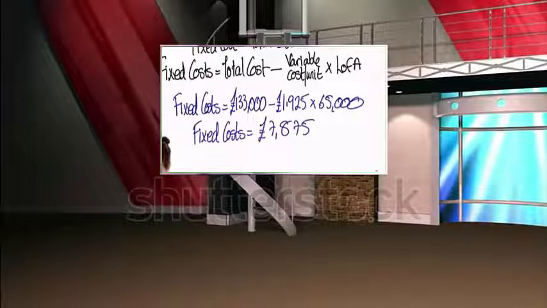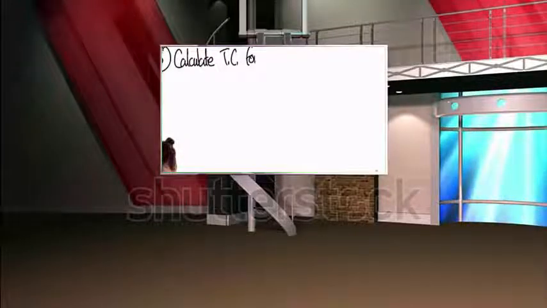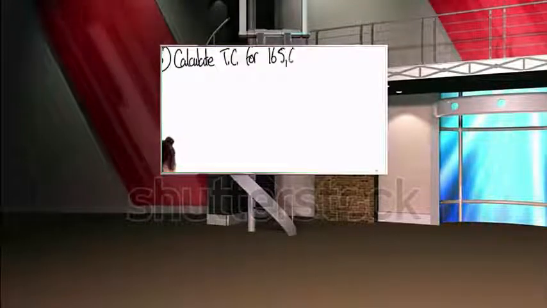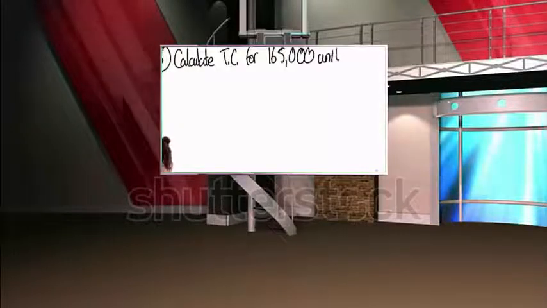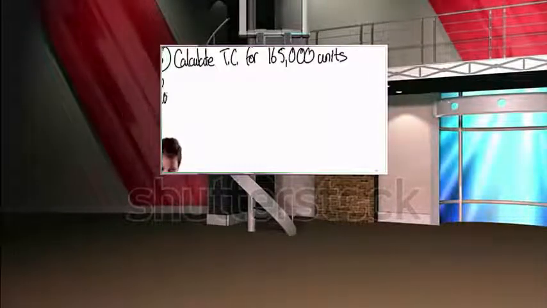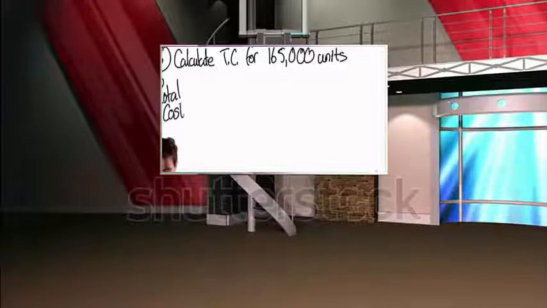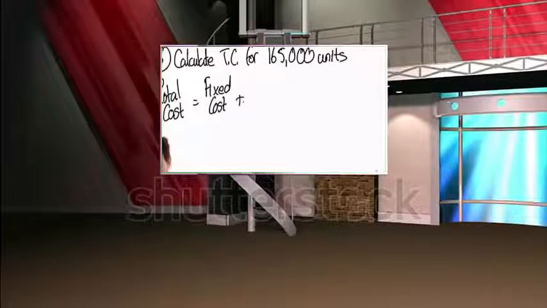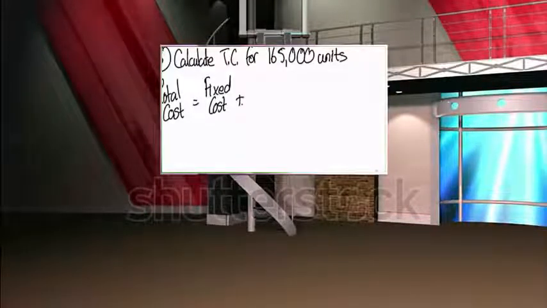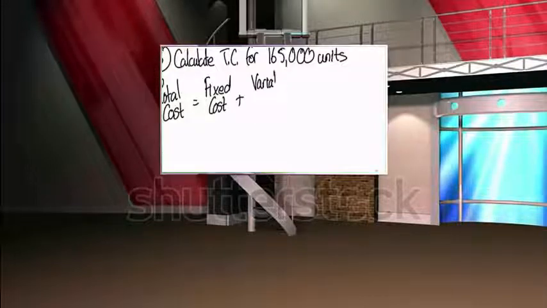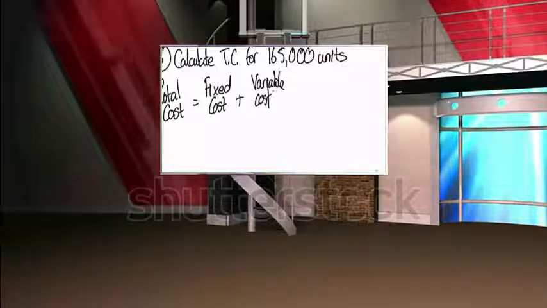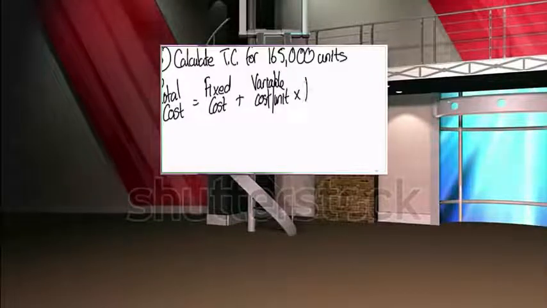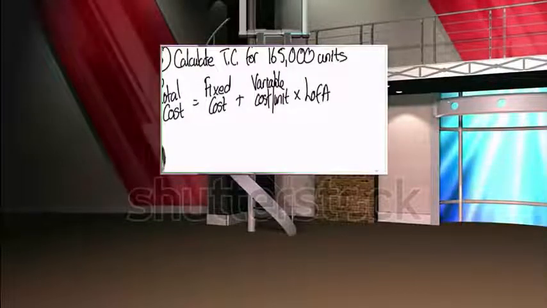So our third step is to calculate total cost for 165,000 units. Just remember that total cost will be equal to our fixed cost plus our total variable cost, which will be the variable cost per unit multiplied by our level of activity.